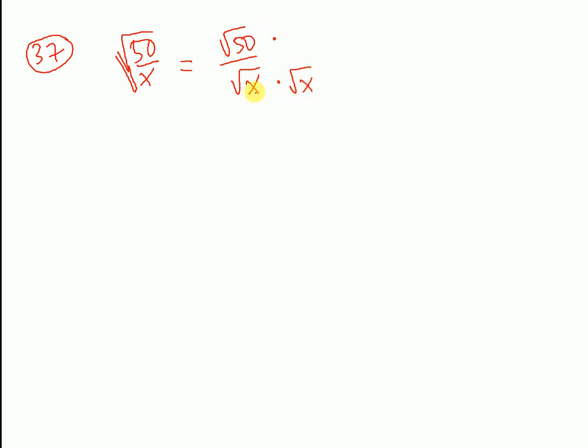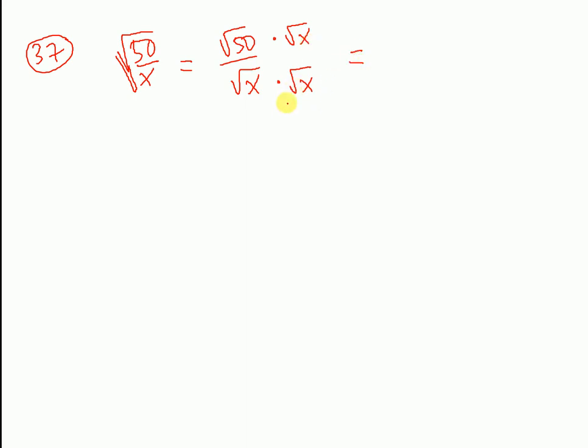Rationalize the denominator and assume that all the variables represent positive real numbers. Now rationalize the bottom, or the denominator. That means we multiply that same denominator on the bottom and the top to get rid of the square root. So 50 over x, I can split them up into radical 50 and radical x like this, and I multiply the bottom by the same thing, and do the same thing to the top.